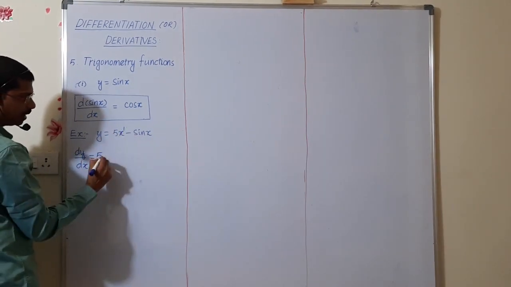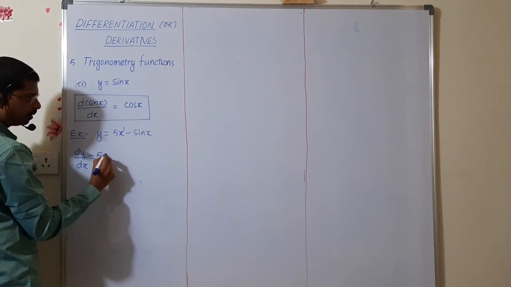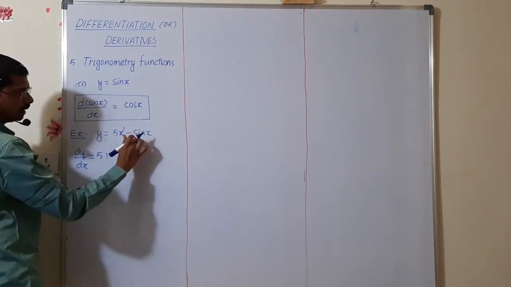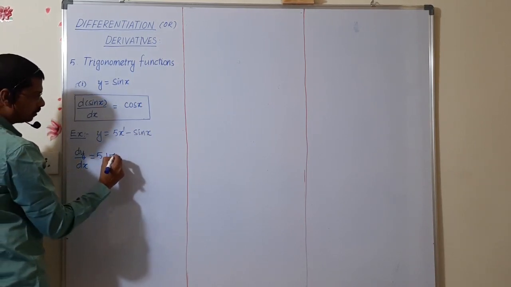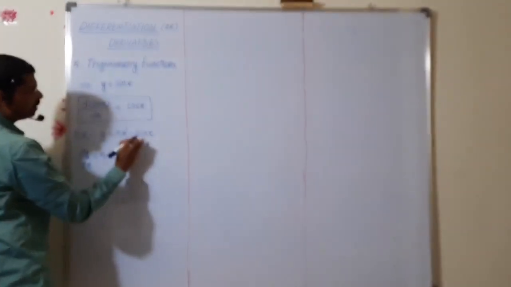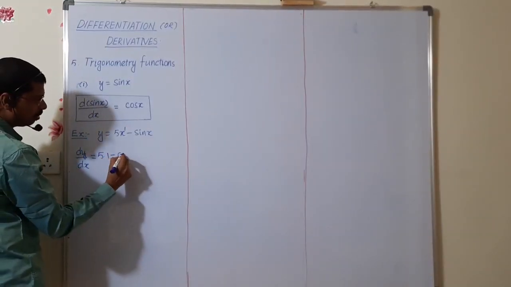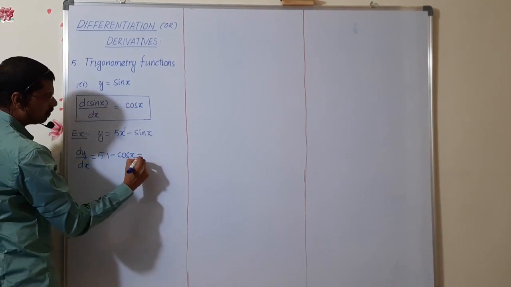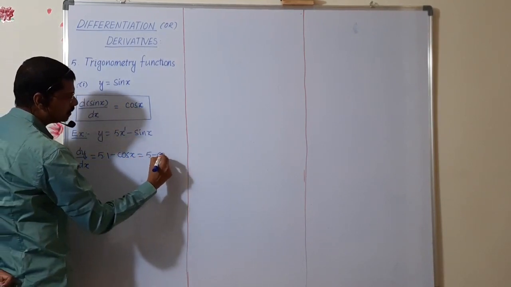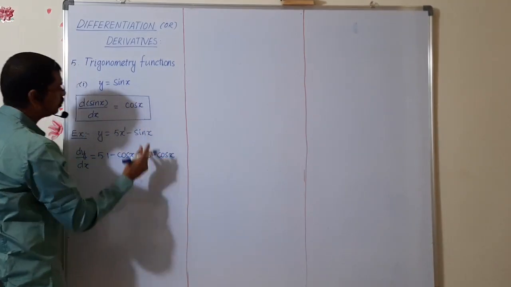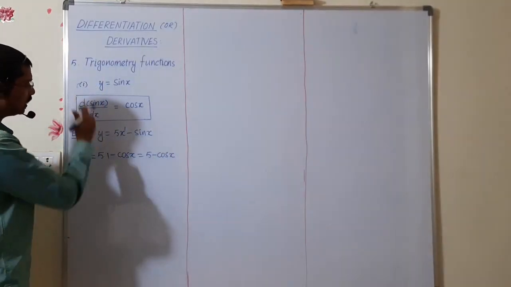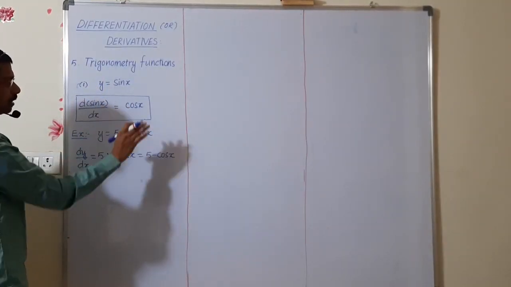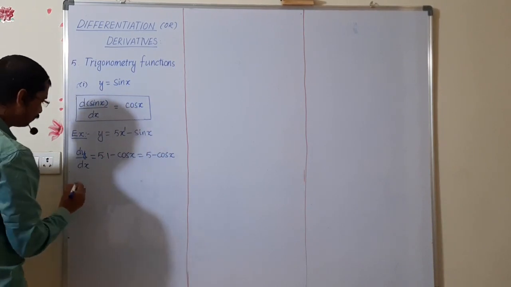The power becomes 1 into 1, and again it will be 1, minus differentiation of sin x, which is nothing but cos x. Now we can write 5 minus cos x. No need to do that labor again.